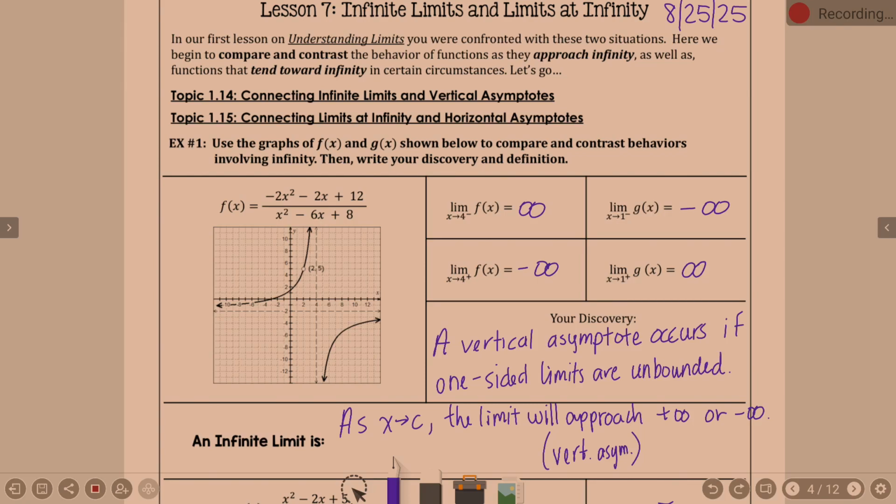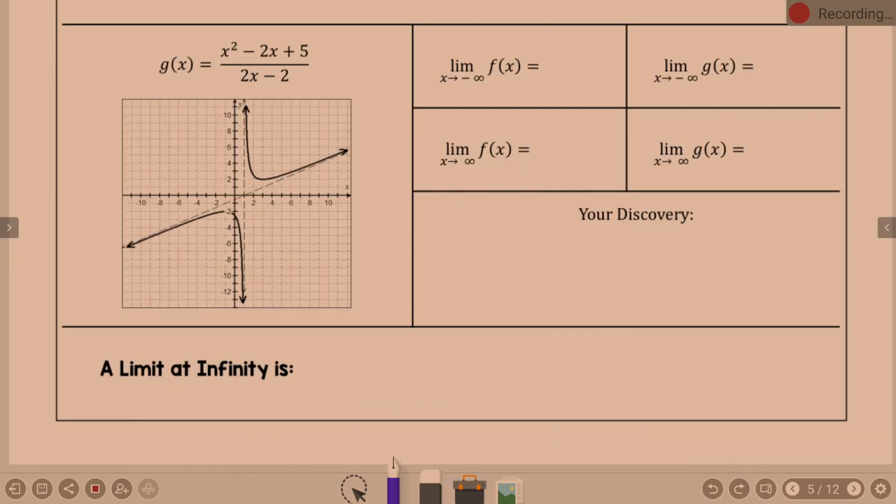Okay, bottom boxes. The limit on f as x approaches negative infinity. So you're up on f now.